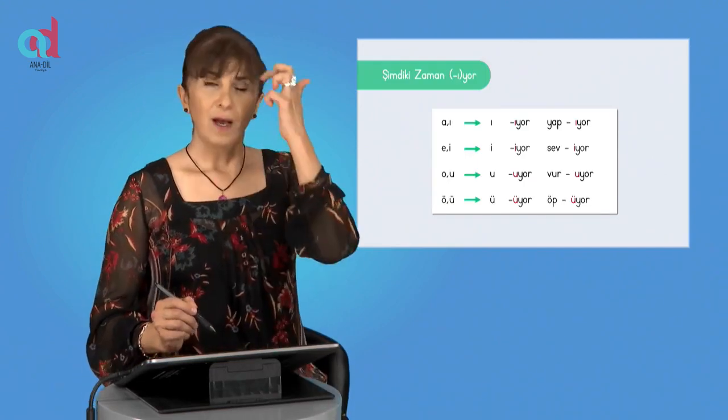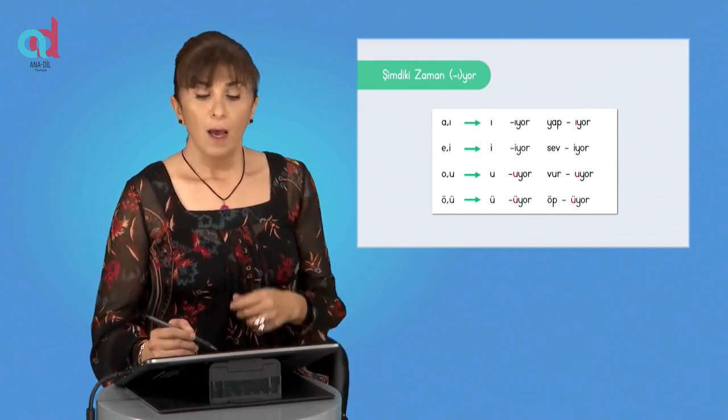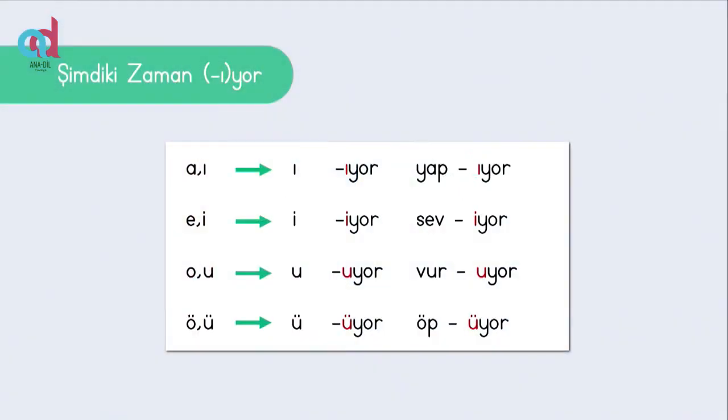Here we are. This is what I was telling you about, this vowel harmony. When it comes to şimdiki zaman, what was this vowel harmony about? When the last syllable of the word has an open vowel like a, ı, then the suffix has to start with another open vowel like ı.